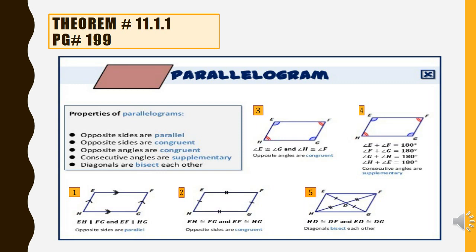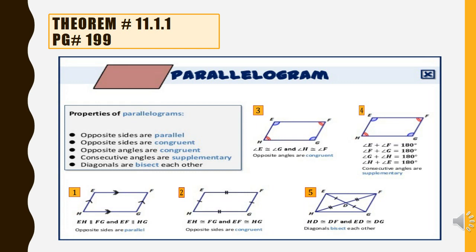The next property is that consecutive angles are supplementary. Consecutive angles are the angles lying on the same side of the parallelogram, and their sum will be equal to 180. Look at the fourth diagram of this page. In the parallelogram, angles E and F are on the same side. When we add them, the answer will be equal to 180.